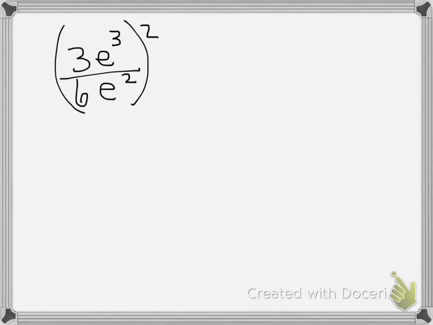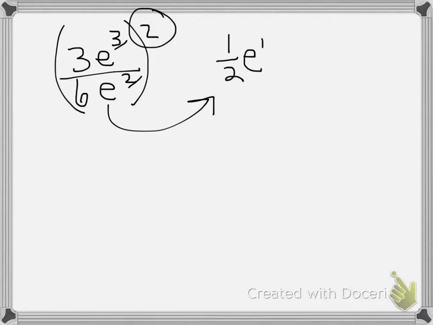For this next problem, we have more than one thing going on. We have some division on the inside of my problem, and then it's to the second power. So let's deal with the inside part first. 3 divided by 6 is 1/2. e to the third divided by e to the second is e to the first.